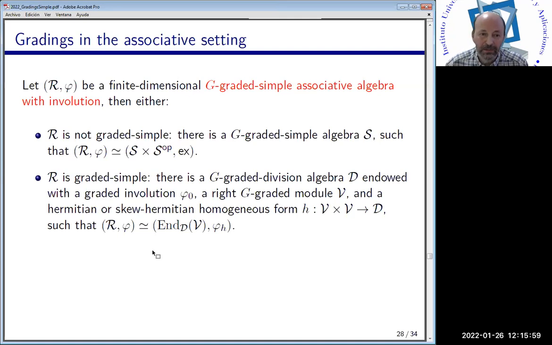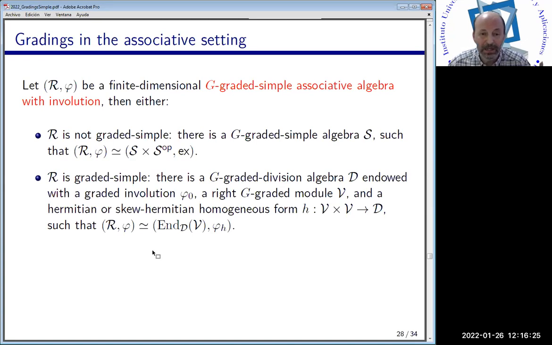And the classification of graded division algebras makes sense even over algebraically closed fields. Because over algebraically closed fields, the only finite dimensional division algebra is the field itself, but there are graded division algebras over the field itself, like the examples with the Pauli matrices.